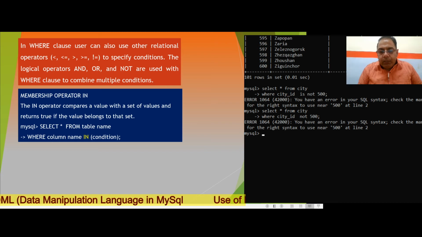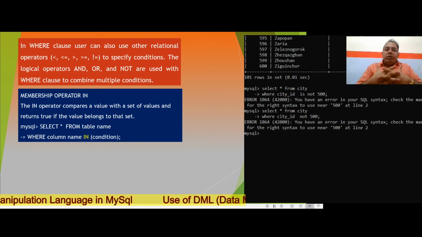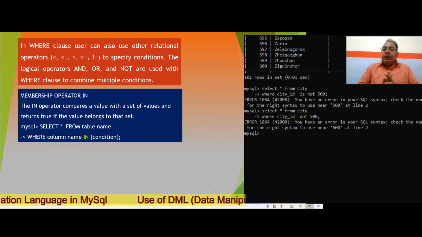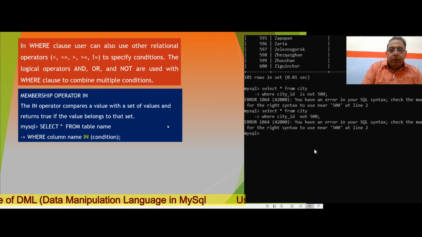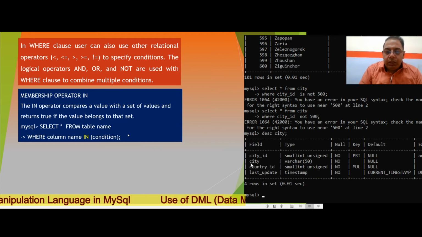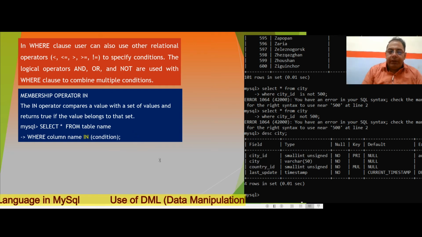So we will be here again with our example where we are discussing the membership operator IN. IN is an operator which can be used to compare a value with a set of values and return true if the value belongs to that set. Suppose I have a table, city. Here I have the columns city id, city country underscore id, and last underscore update.